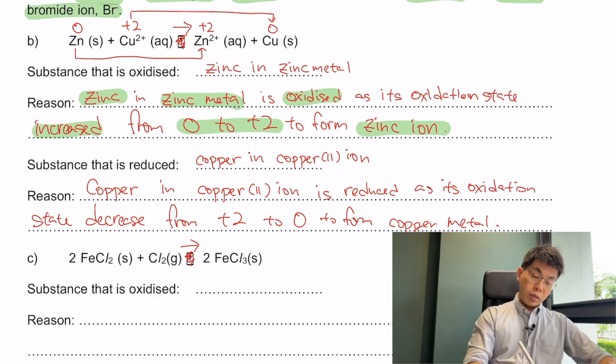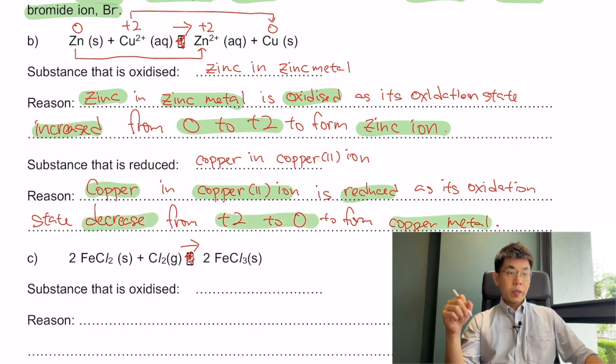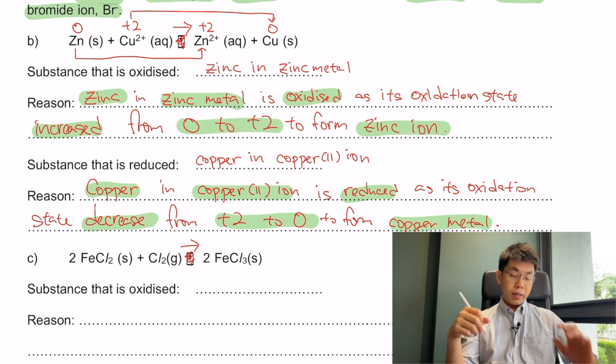Again, the species, the reactant, whether reduced or oxidized, whether increase or decrease, starting to ending, and then the product. Okay, so let's try one more example, then you can see why it is very important to phrase it like this.